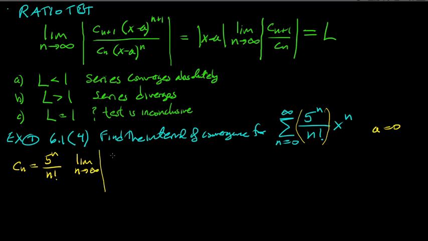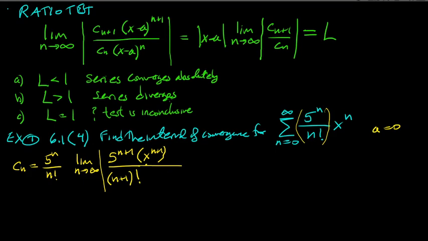Cn plus 1 is 5 to the n plus 1 divided by n plus 1 factorial, times x to the n plus 1. All of that is Cn plus 1. Now we have to divide by the Cn x to the n.